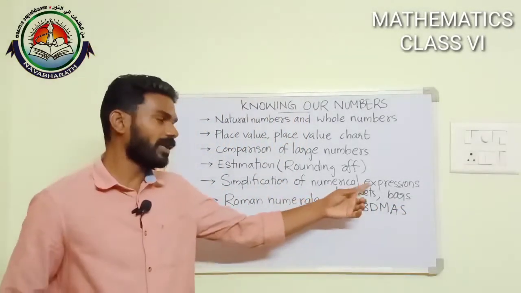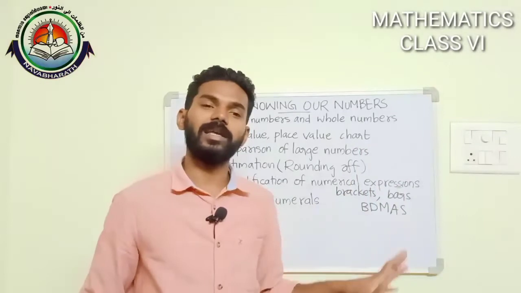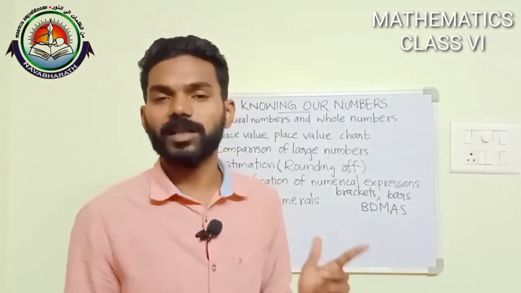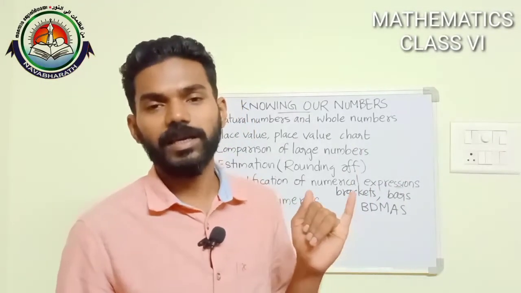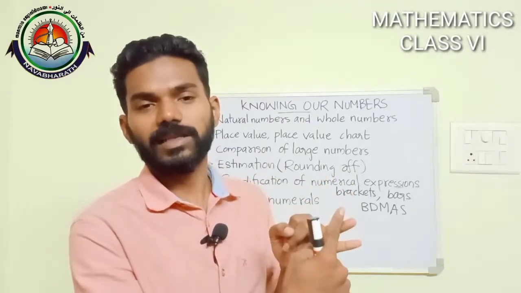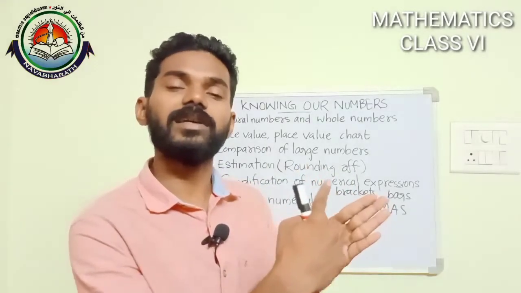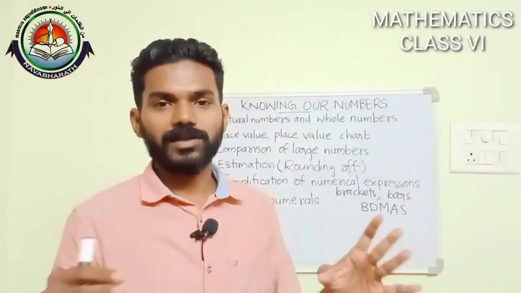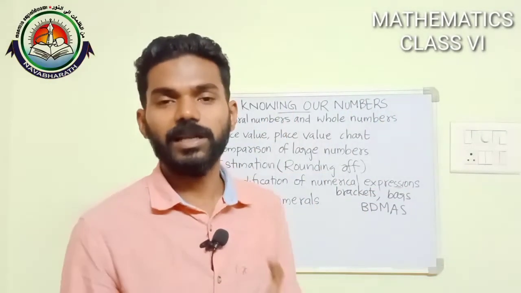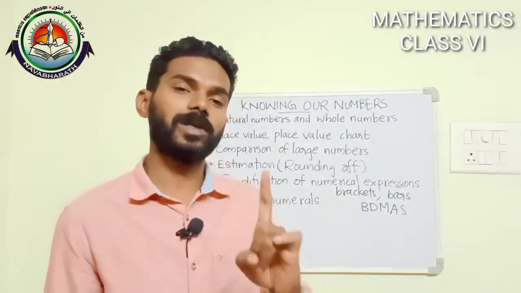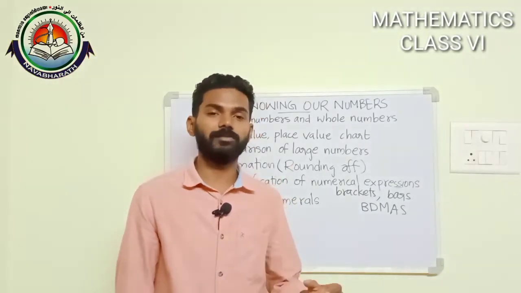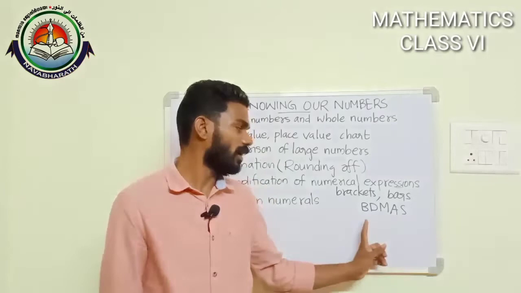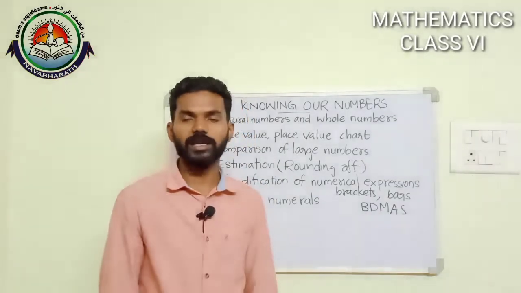Numerical expressions contain the basic mathematical operations like addition, subtraction, multiplication and division. So if they are given as a combination, then we need to follow a specific order for simplification. Clear? And the order was BDMAS.